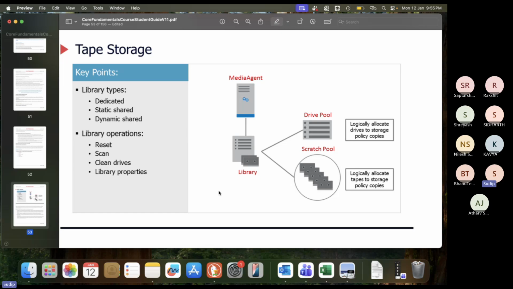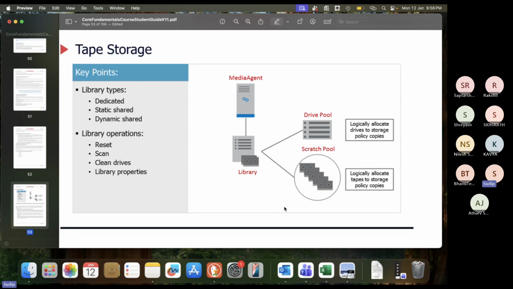They collect these tapes from customers all across the city, the country, the globe, and they take responsibility of securely storing these tapes in proper temperature, proper humidity, and proper security, and give them those tapes whenever they need. Whenever they ask, I need this particular tape barcoded this, which was backed up on so and so date, it is their responsibility to give the customer the tape within the stipulated SLA. So that's a proper service that a company like Iron Mountain does.